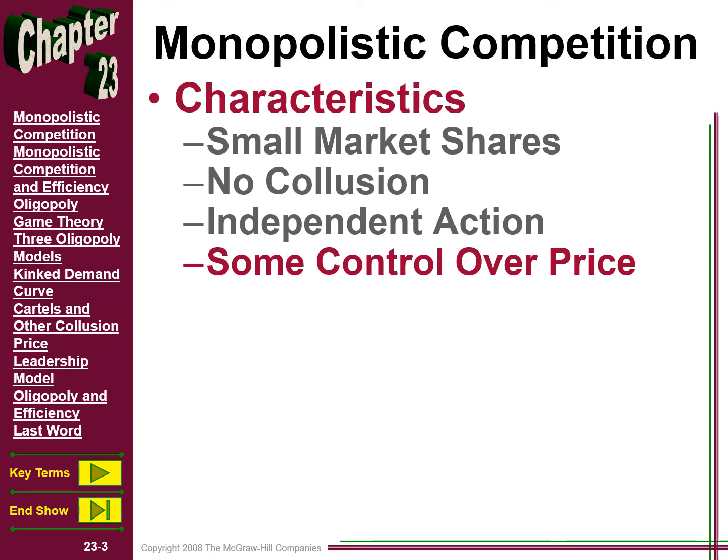Monopolistic competition resembles pure competition because there are a large number of firms. If you remember our study of pure competition, we assume that there's a very large number of producers. Similar situation here where there's a very large number of firms.